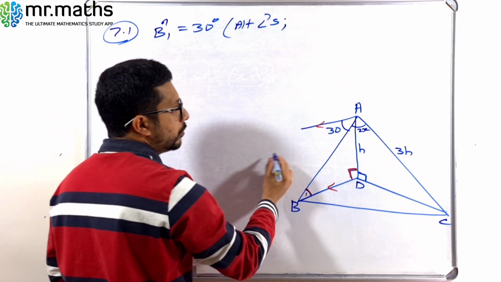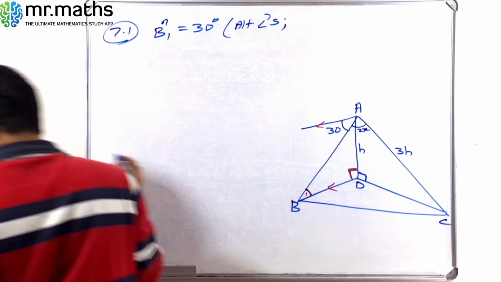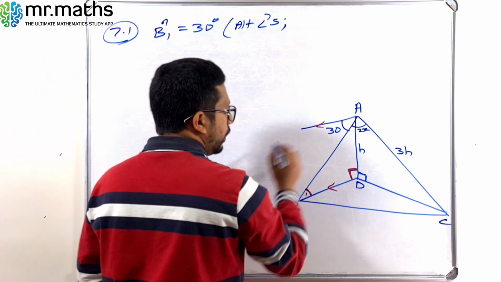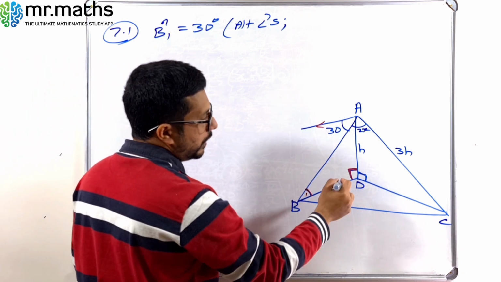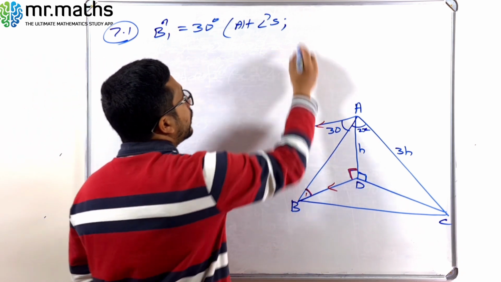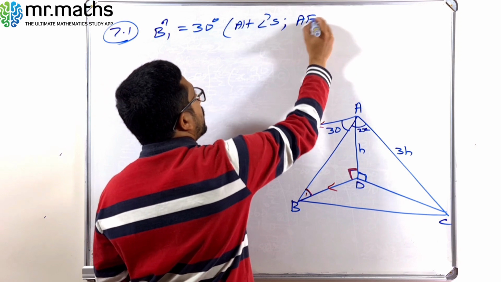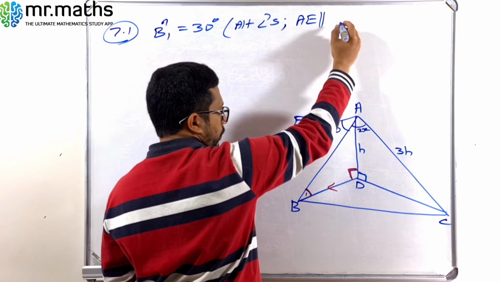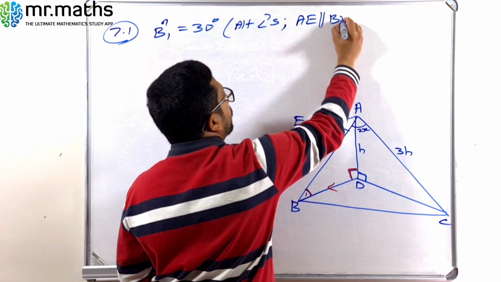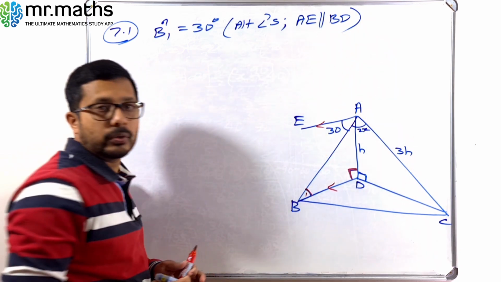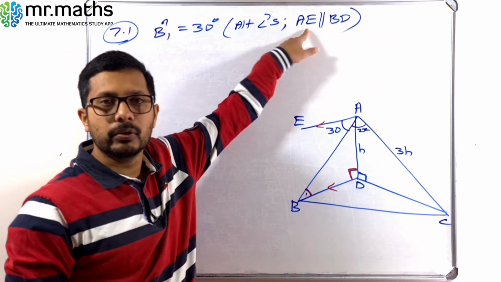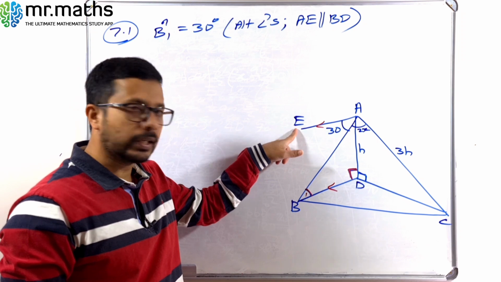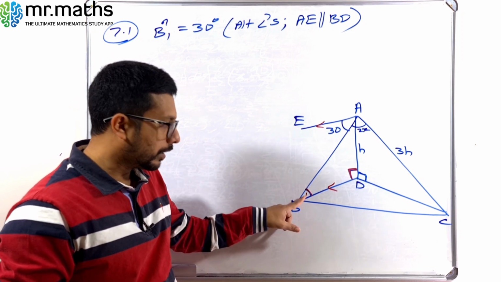And which two lines are parallel? Let's say A, B, C, D, and let's say this is E. So AE is parallel to BD. In your question paper you have to mark there as E, and mark here as B1.